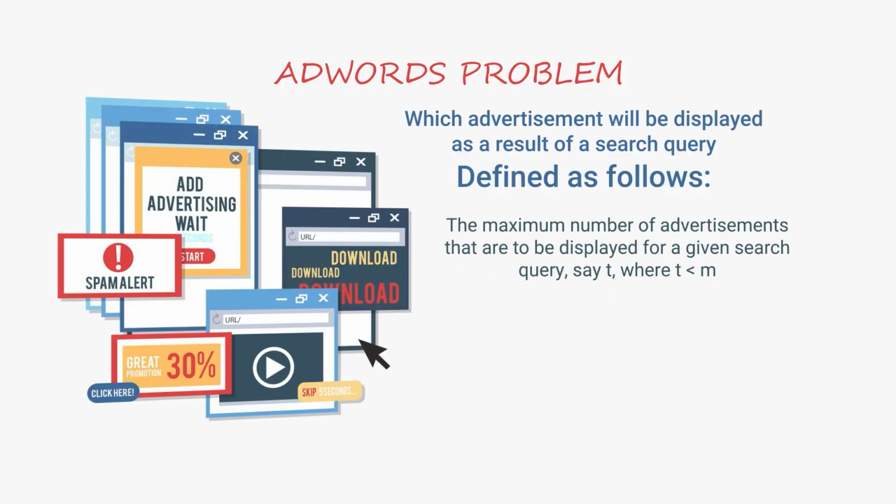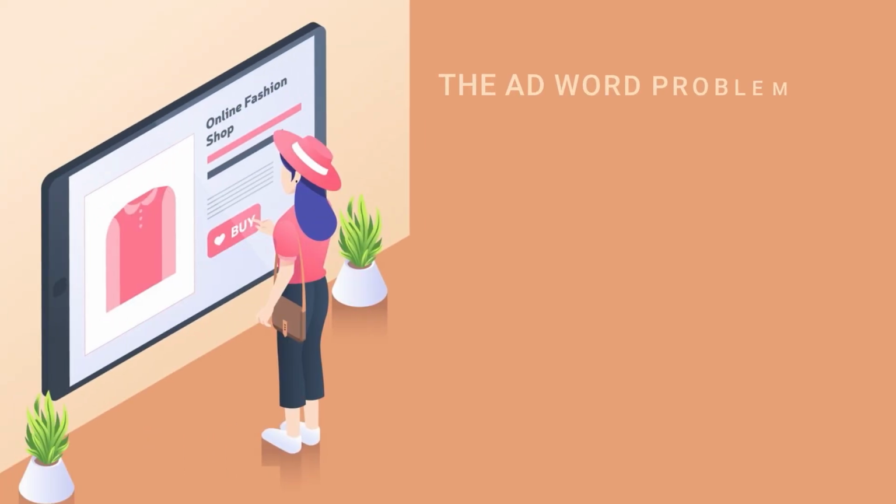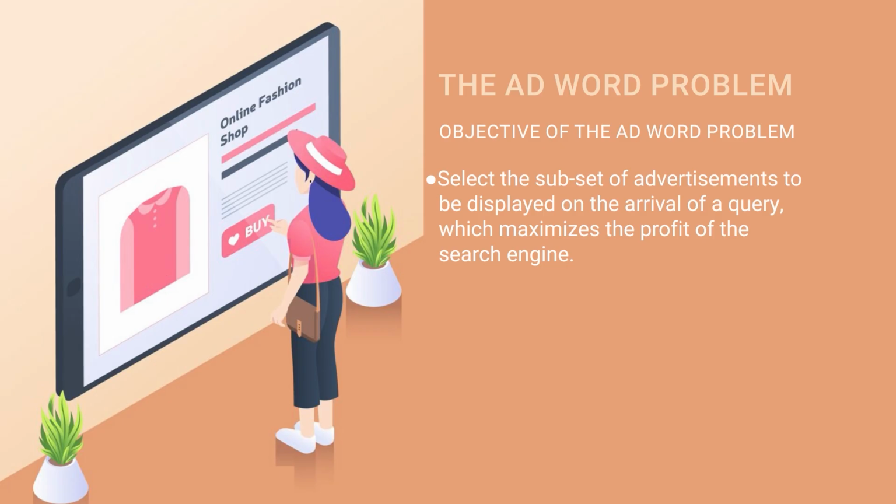And there is a probability associated: what is the probability that a particular user or client will click on that particular advertisement. So the maximum number of advertisements that are to be displayed for a given search query is, say, T, where T is less than M.